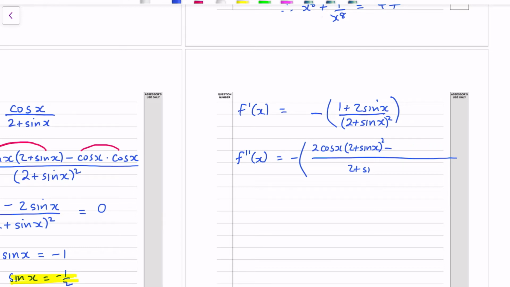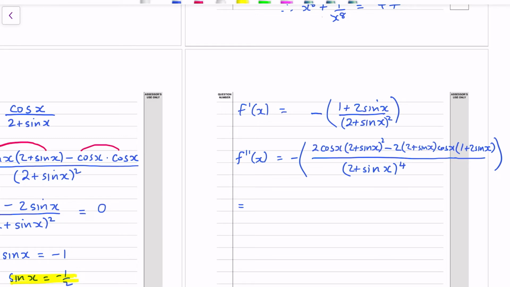It's going to be using the chain rule for the derivative of the bottom, 2 lots of 2 plus sine x times the inner derivative cosine x, and then times the numerator, 1 plus 2 sine x. What did I say at the start about being real careful? Oops. And that one's going to be 2 plus sine x all to the 4, because we're going to square the denominator. Okay, we're going to pull out some common factors here.